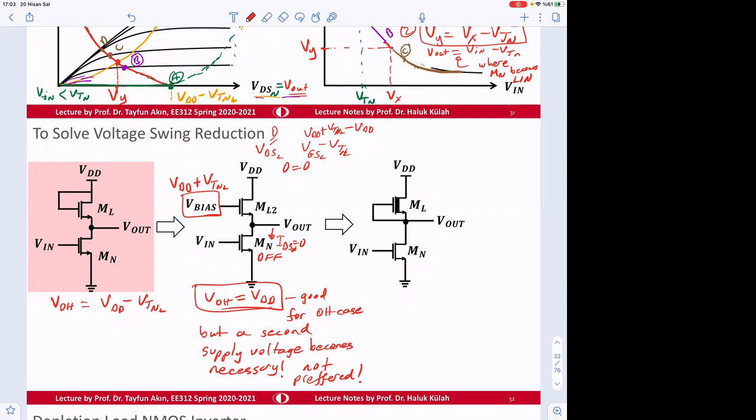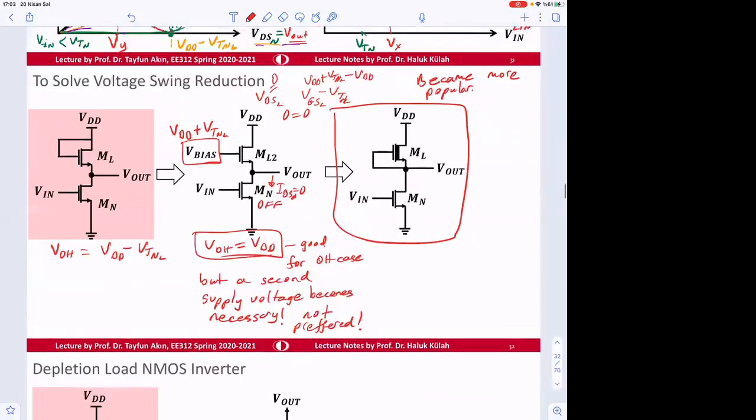So people came up with another idea. This became more popular. You know, people start to say, why not just do this in the fabrication? I mean, you know that this will be the substrate, and this will be N plus and N plus for one transistor, and this will be N plus and N plus for the second transistor.